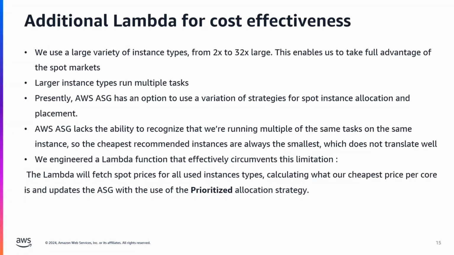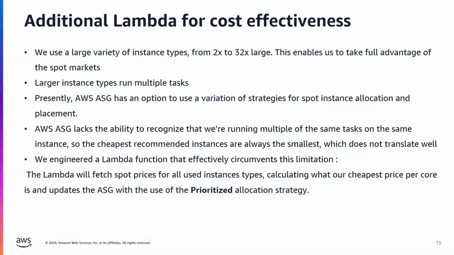What we did with this second Lambda is a scheduled Lambda that we run once a day, but again, to each their own, you can run it as often as you want. The Lambda will fetch the daily spot prices for all of our used instance types. It will calculate what our cheapest price per core or price per task is, and then build a prioritized list based on that, where the cheapest option is on top, descending below with the whole instance type list.